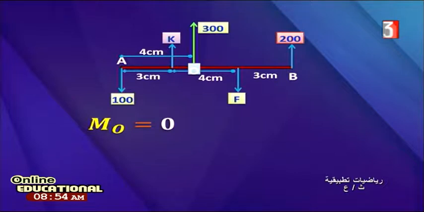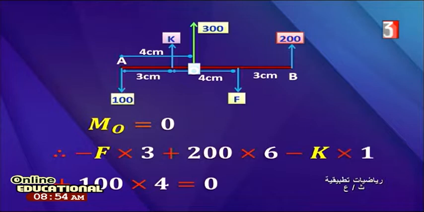Moment about O equals 0, then negative F about B times 3. About point O, remember, my dear student, negative F times 3.